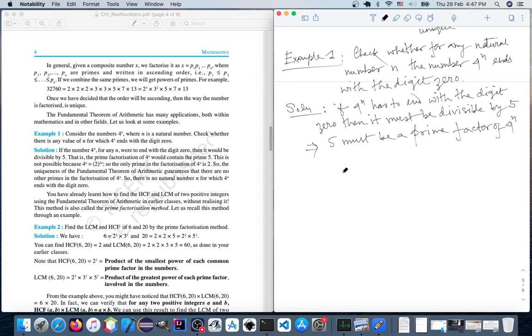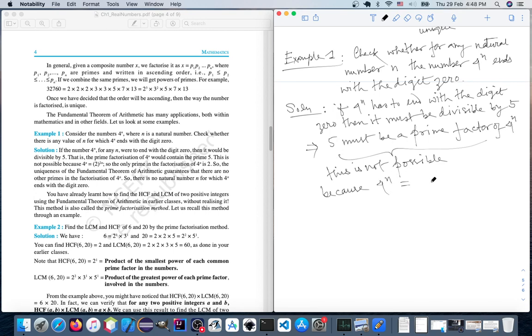Now, it says this is not possible. It says that prime 5 cannot be a prime factor of 4 to the power n, because it is rewriting 4 to the power n.